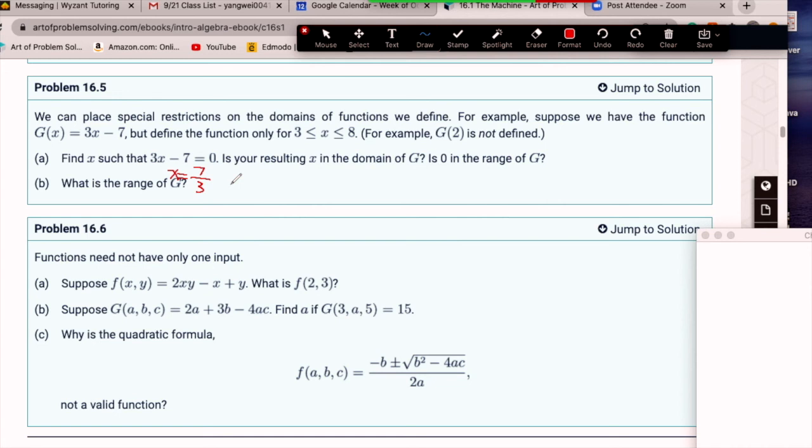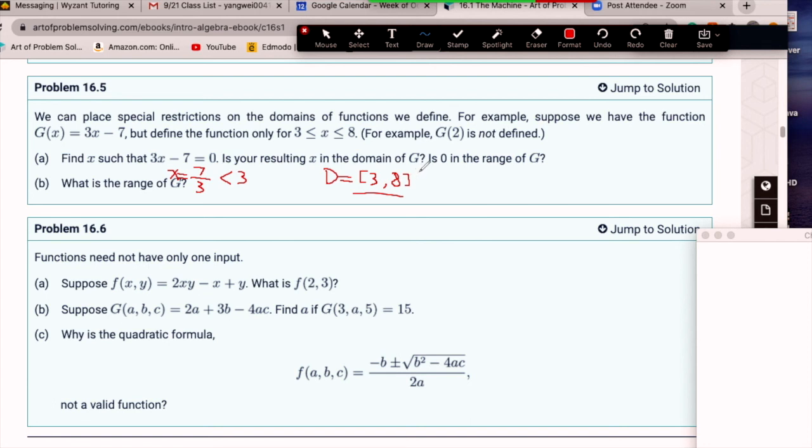Definitely no, because this number equals 2 point something, which is less than 3. But the domain here is 3 to 8, so all other numbers outside of this interval are not in the domain. So this number is not in the domain of G.